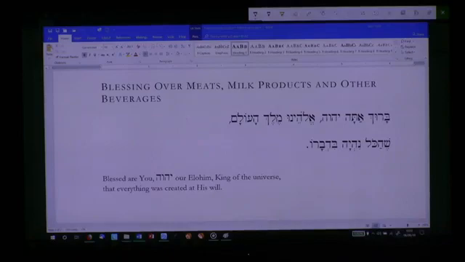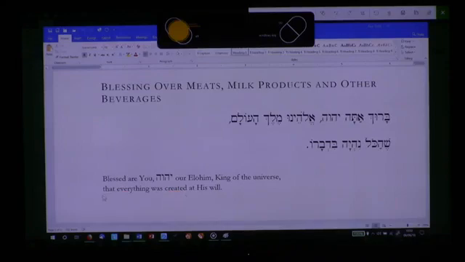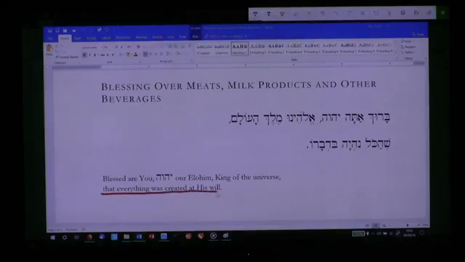Blessing over meats, milk products, and other beverages. This is what I like. This is a little bit of a different blessing. It goes shehakol nihyah bidvaro.